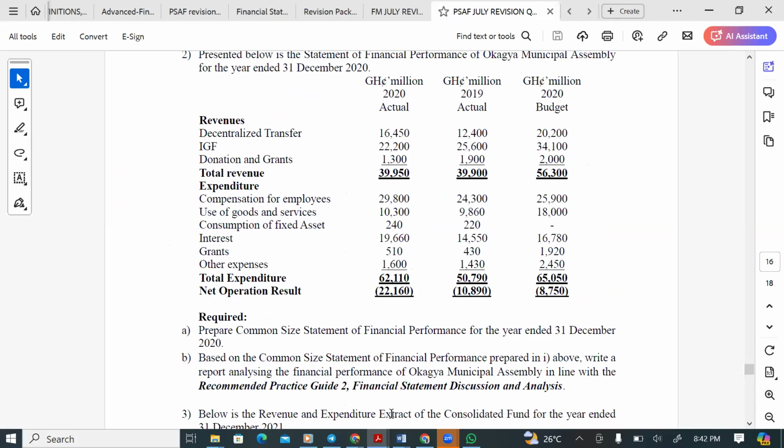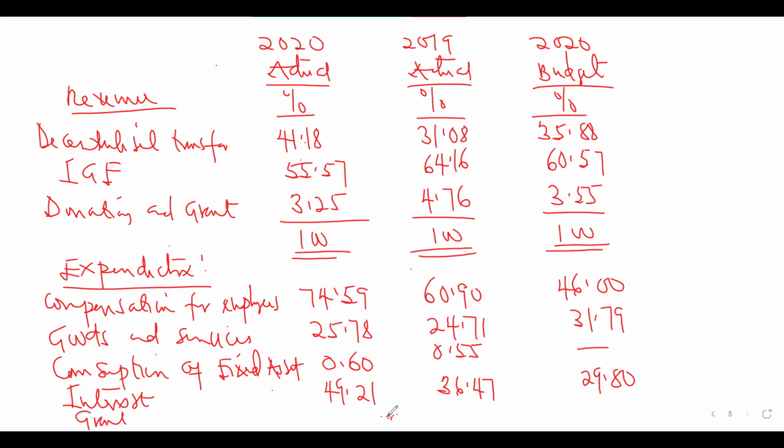We have grants. Okay, the grants is what? 1.28.